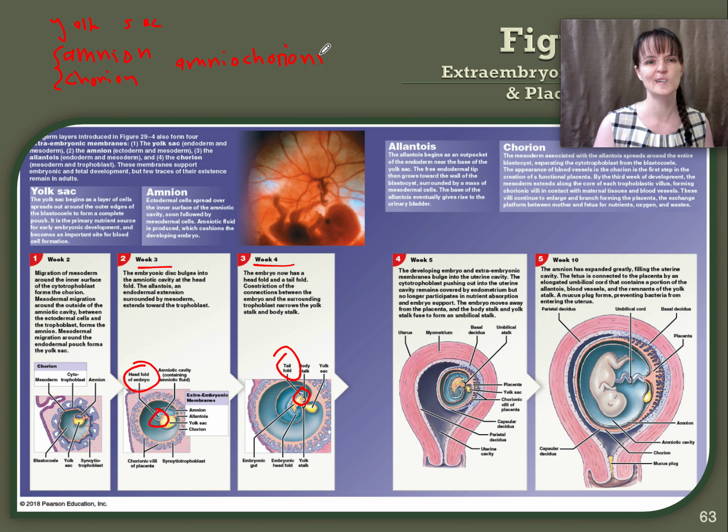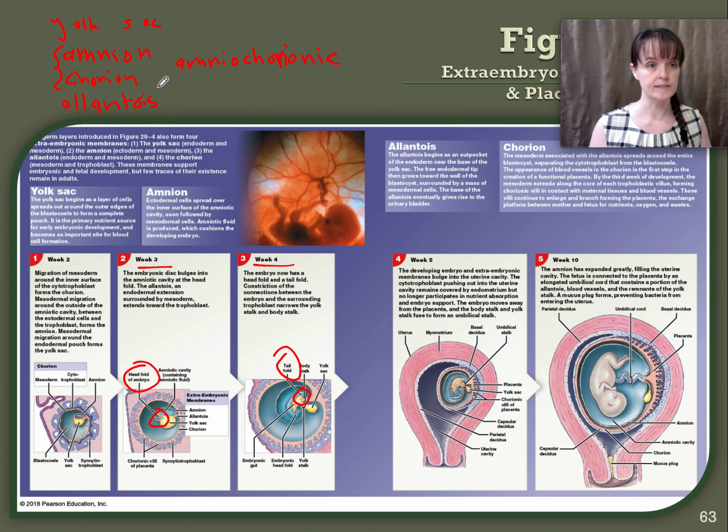Amniochorionic membrane. And the other is the allantois, it looks French. Anyway, that one becomes a urinary bladder. So that's handy to have around.